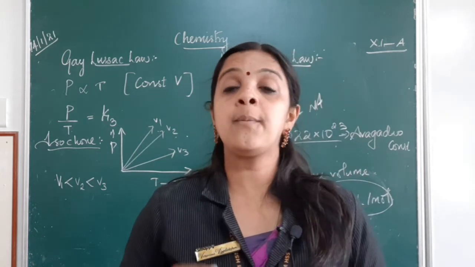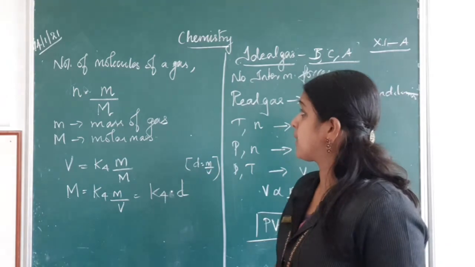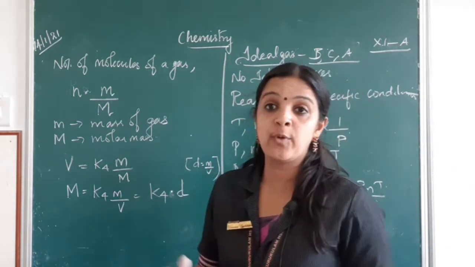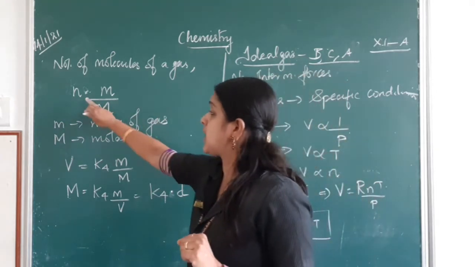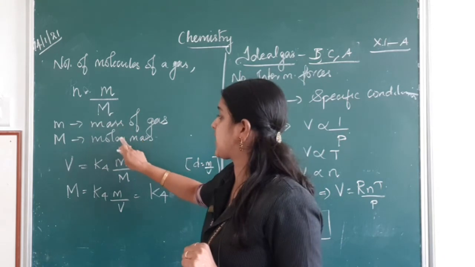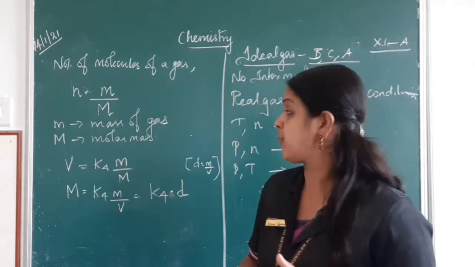Now we will talk about the molar volume with respect to density also. Let us see about the number of molecules in a gas. How to find out the number of molecules of a gas? We know number of moles is equal to m by M, where m is the mass of the gas and capital M is the molar mass. This we have learnt in number of moles.